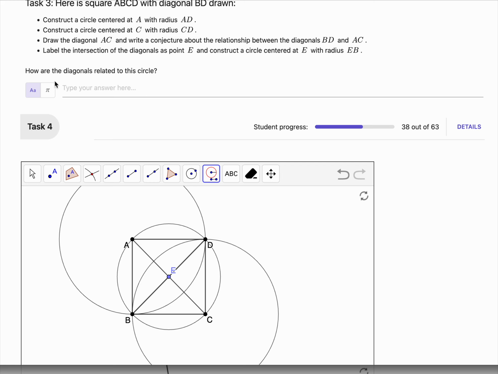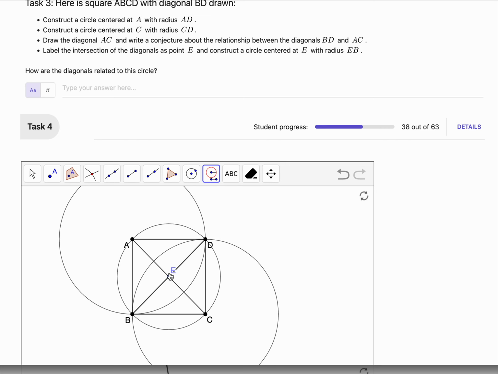But they are saying, how are the diagonals related to this circle? So the diagonals are AC, which is this line segment all the way across here, and BD. How are these two related? Well, as I look at those, if I compare them to that circle right there, if I go from E out to the edge, I notice that that's a radius.